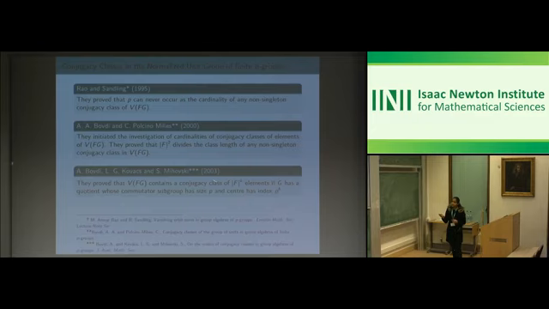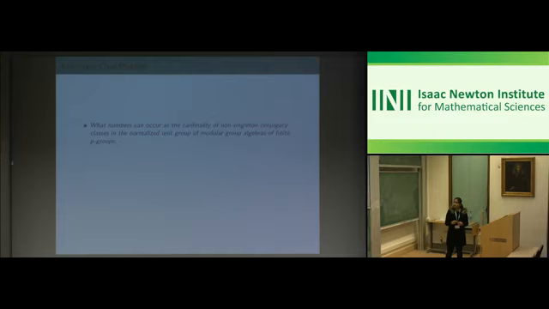Again, putting some properties on the group G, there was some other result, but these are for any finite P group. So now we can formulate what the conjugacy class problem is. It asks which prime powers can actually occur as the cardinality of conjugacy classes in modular group algebras of finite P groups.